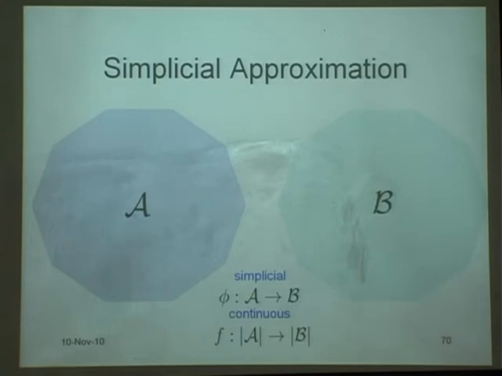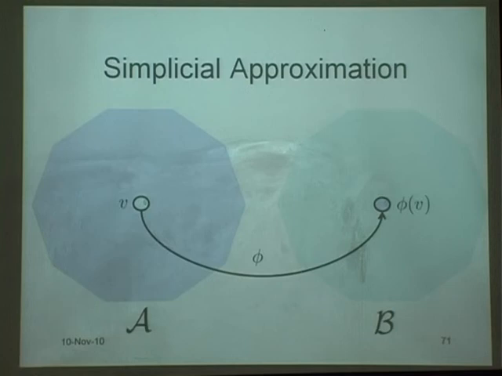So I'm given a simplicial map between complex A and B, and a continuous map. Here is the simplicial map that carries a vertex to a vertex. Now, suppose we also have a continuous map, F, that just maps points to points, that happens to take the point corresponding to this vertex and map it onto some point here, which is typically not a vertex.